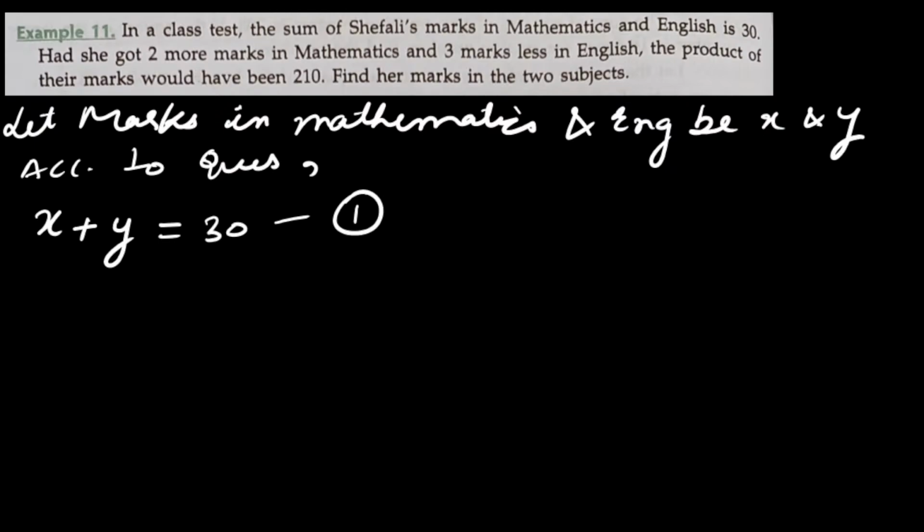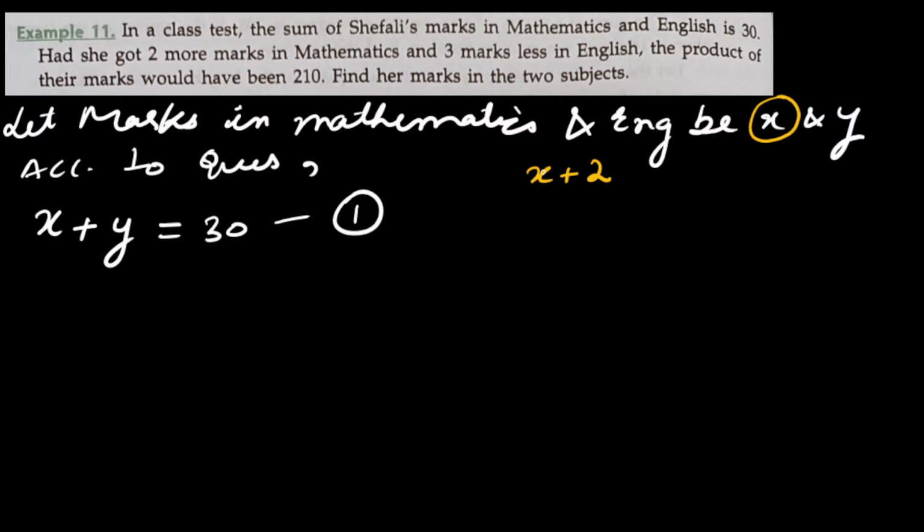Now what are they telling? They're telling, had she got two more marks in mathematics. As of now, marks in maths is X. If she is getting 2 more marks, that means x plus 2, and 3 less marks in English.